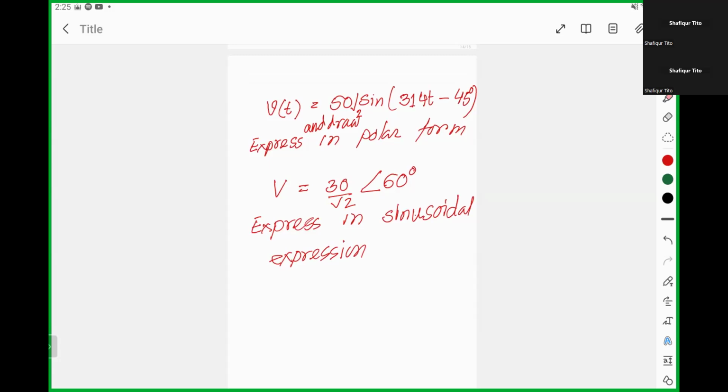What we have discussed is this: polar to sinusoidal. So that means the negative 45 degrees will just go as it is at the angle. All right, sure. So maybe I was thinking too much. Yeah, sometimes it happens.